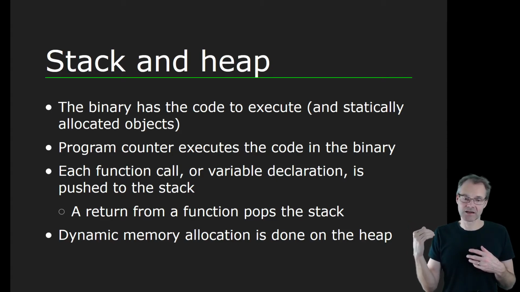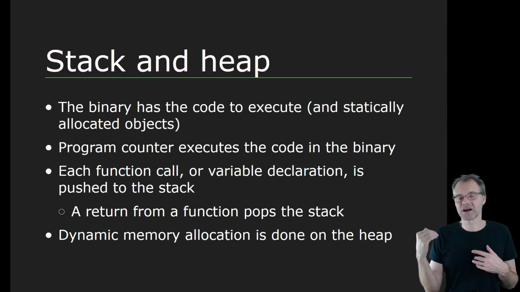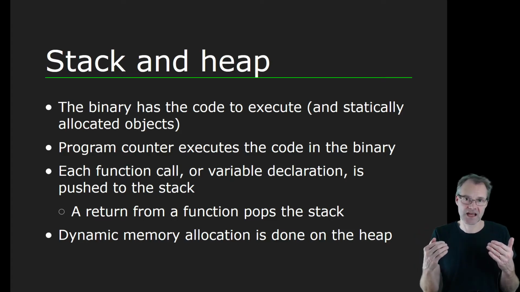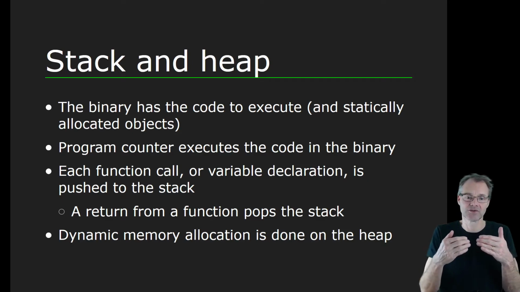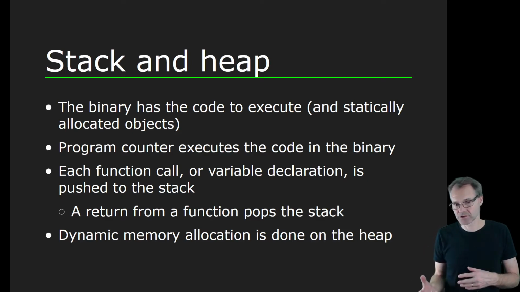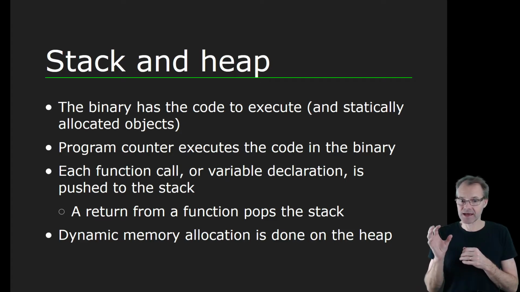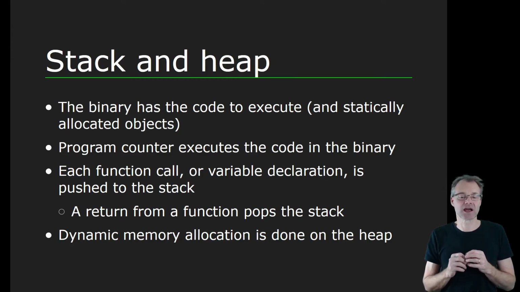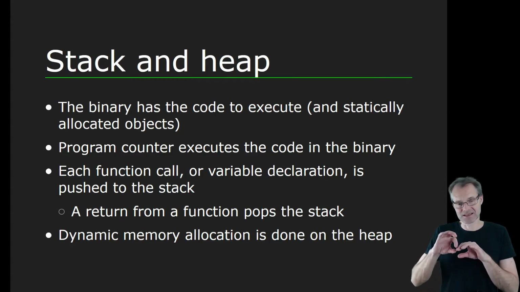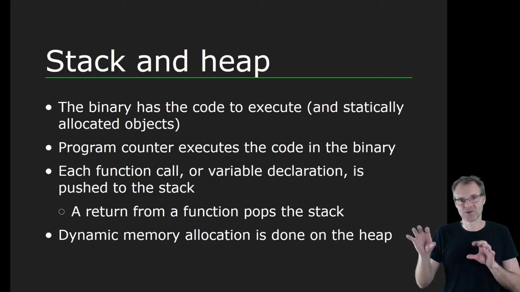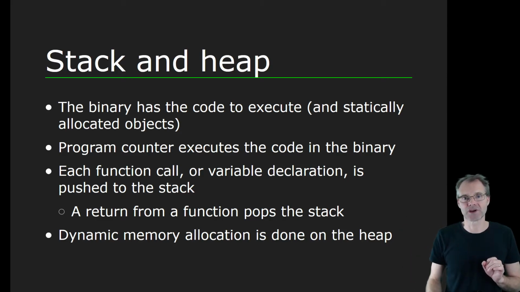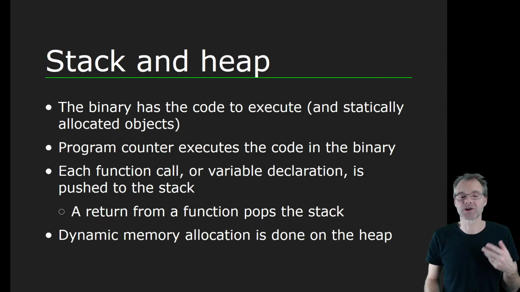And when we come to a function call or a variable declaration, these are pushed to the stack. So they are allocated onto the stack. When we return from a function, we are popping the stack. And then we have this heap where the dynamic memory allocation is done. So that is the stack and heap, two different memory areas of our executable.